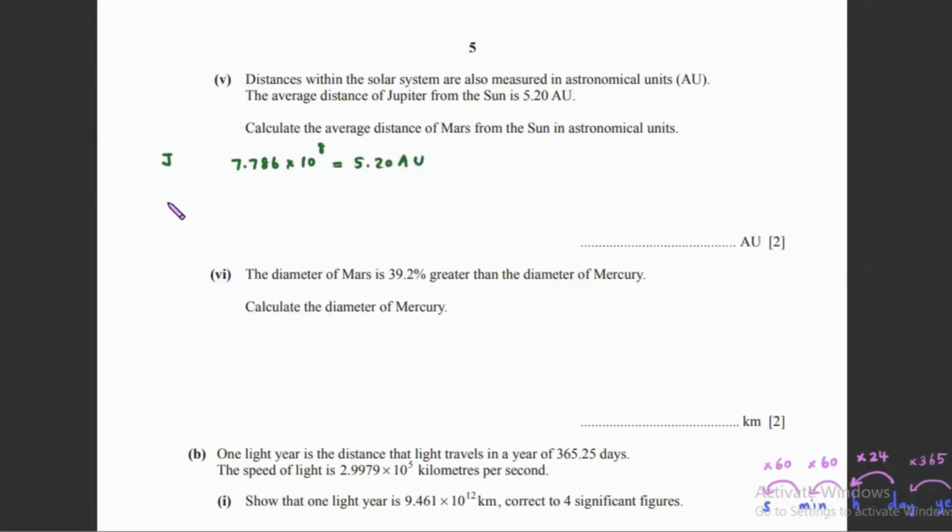Then this is for Jupiter. Then we need to calculate the same thing for Mars. And the distance there was given as 2.279 into 10 to the power 8. We need to convert this into astronomical units.